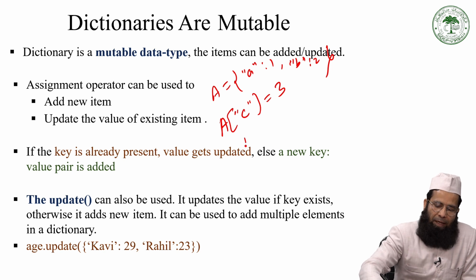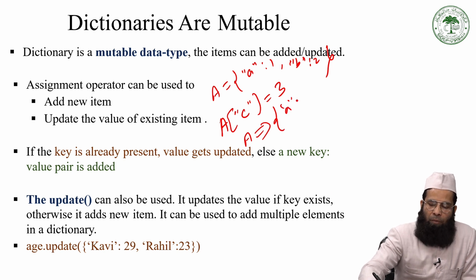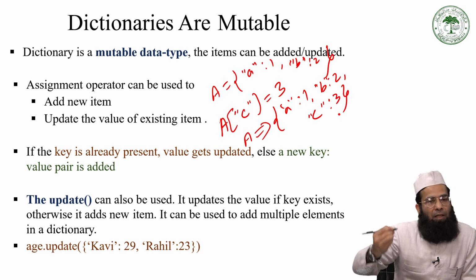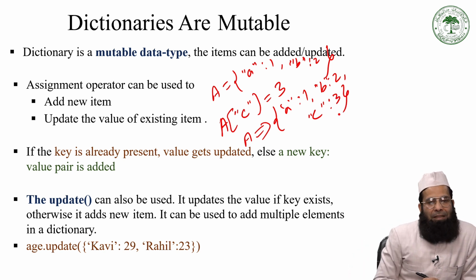When I display A, you will observe one more key value pair, that is C. So apart from A and B, you will get C as well. In this way, you can add elements into the existing dictionary.